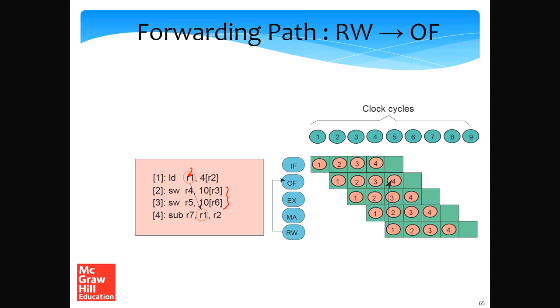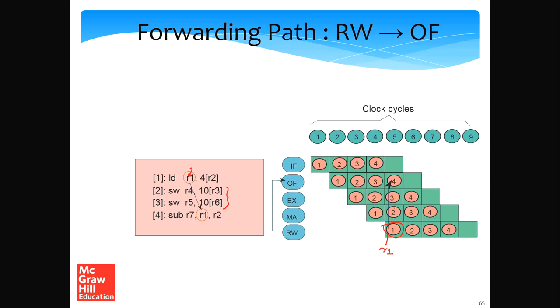And then we have a subtract instruction which uses R1, which is the destination of the load, as one of its sources. So let's again consider cycle number 5. In cycle number 5, instruction 1, the load instruction, is done. It has the value of R1 with it.